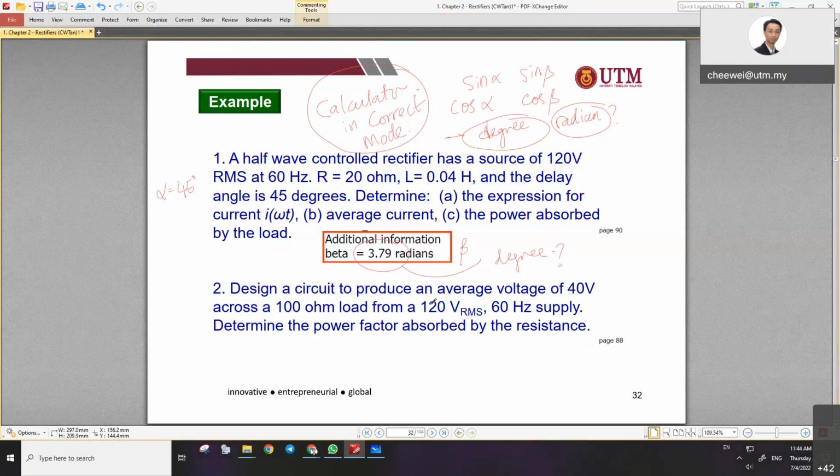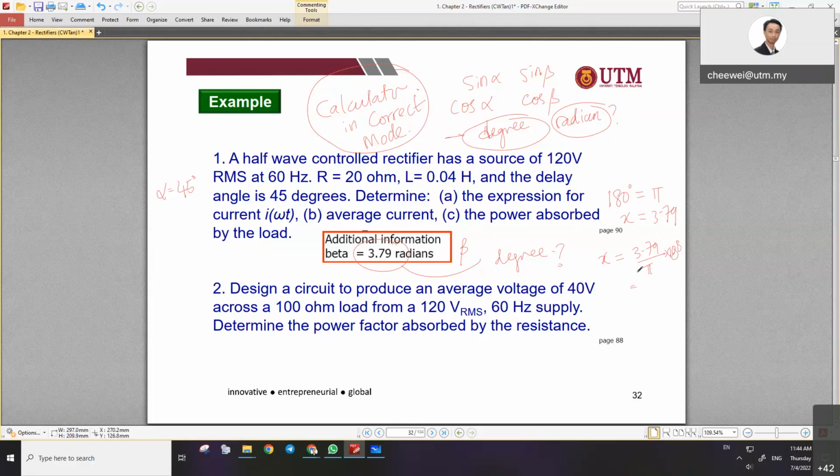Nobody here? Very quiet. How do we start? 180 equals pi, isn't it? And then if you have 3.79, what is the degree? I put it as x, so I don't know what is x. So x equals 3.79 divided by pi times 180 degrees. What should I get?